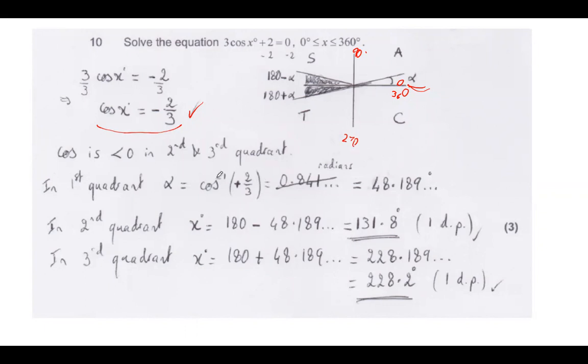So now you could go and say, in the second quadrant, I've got 180 take away this angle to become between 90 and 180. And in that third quadrant, I'm going to get 180 plus the angle that I found, and that gives you the second mark. The question was asked to solve it.